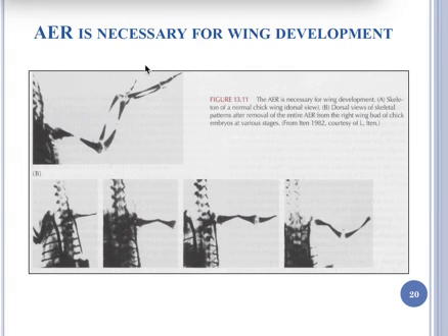So we talked that AER is very important for the formation of the proximal distal limb, or for the proximal distal growth of the limb. Here we can see the skeleton of a normal chick wing.